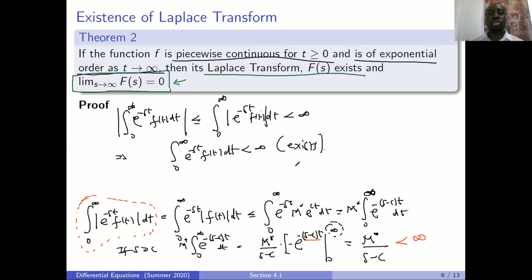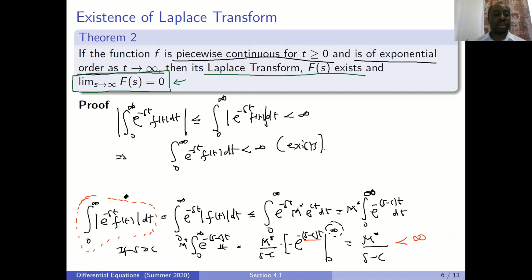Okay, so we could construct some functions that are not piecewise continuous and are not of exponential order that have Laplace transforms, right? But that's not what we are interested in. All we want is a way to guarantee the existence of the transform, and this sufficient condition gives us that guarantee.